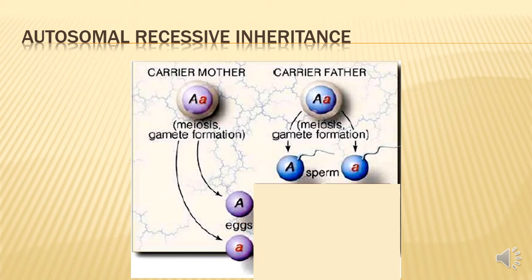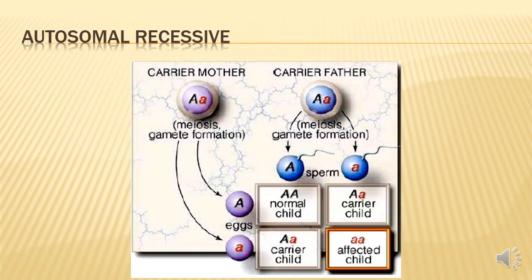Similarly, the sperms produced by this father also will contain either capital A allele or small a allele. So at the time of fertilization, these sperms and oocytes can combine in one of these combinations to form a zygote.